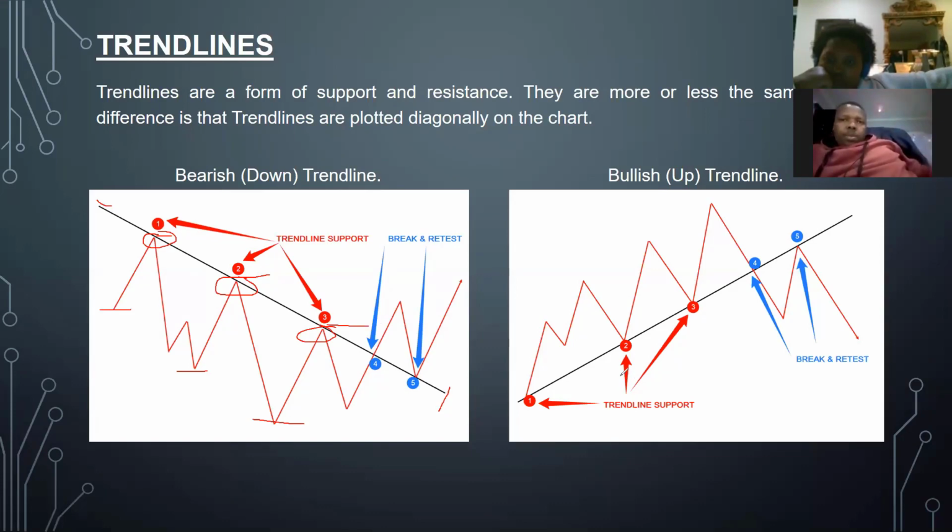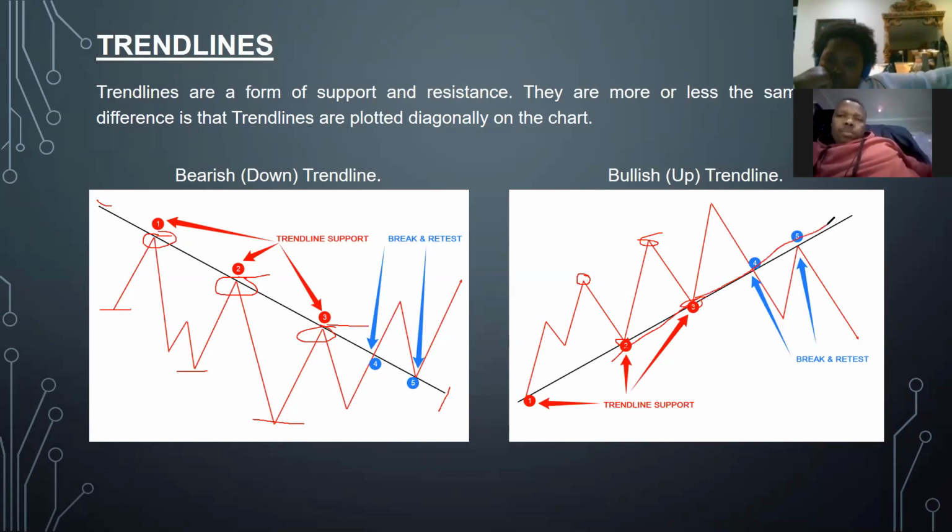The opposite applies for a bullish trend line. It means the market is in an uptrend. It's moving up, meaning that we've got higher highs, higher lows, higher highs, higher lows. So at the points where the higher lows meet, when you draw the line, that's where the trend line ends.